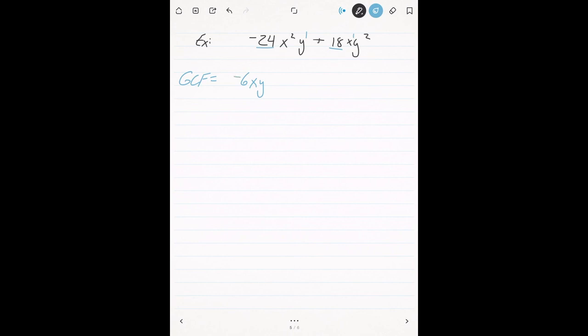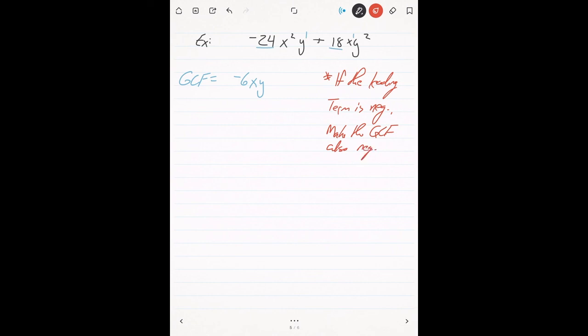And I'm going to say the GCF should be negative 6xy. Here's why. If the leading term is negative, make the GCF also be negative.